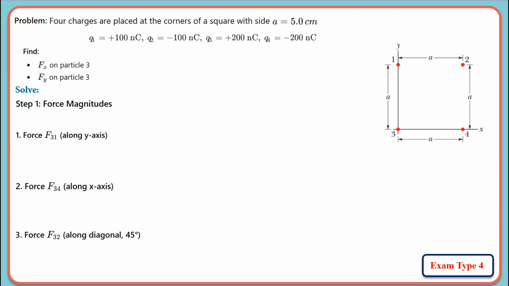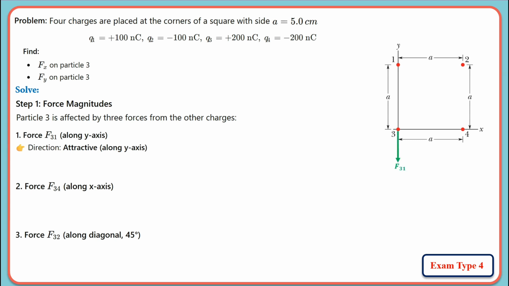Let's start with step 1, calculating the magnitudes of the forces. Particle 3 is affected by 3 forces from the other charges. First, force F31. This force acts along the y-axis and is attractive.